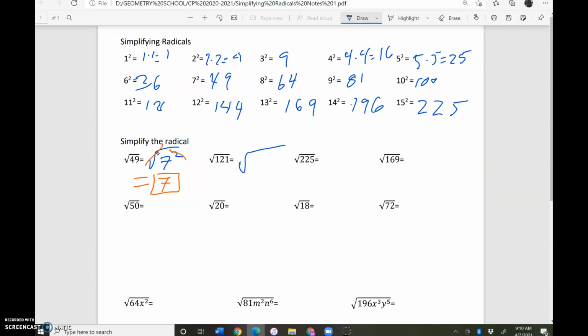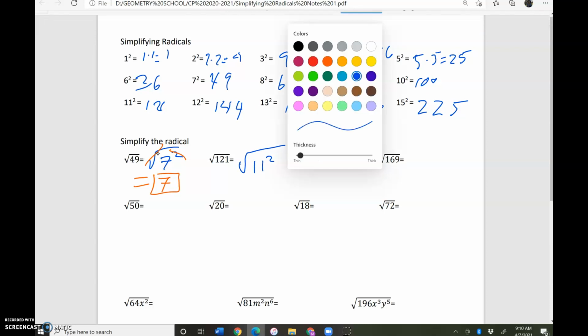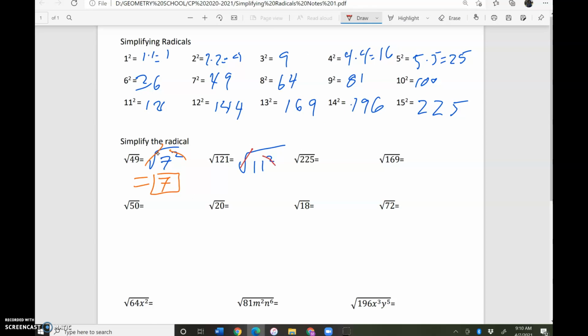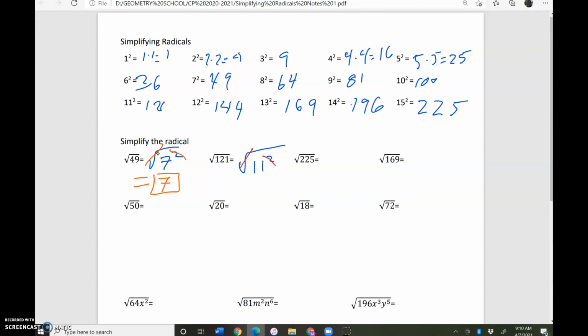This is the same thing as the square root of 11 squared. The square and the square root are canceling each other out because they are opposites of each other, just like multiplication and division, addition and subtraction, which leaves us with 11.